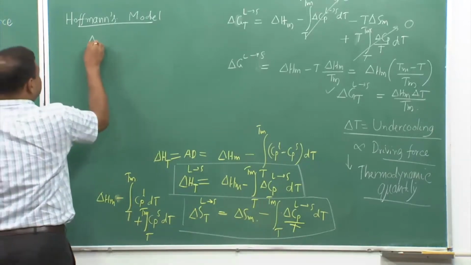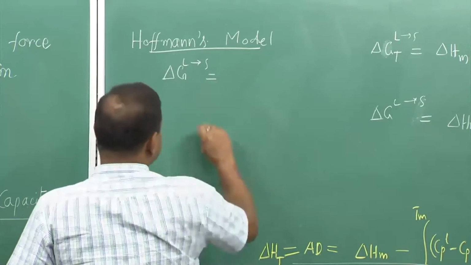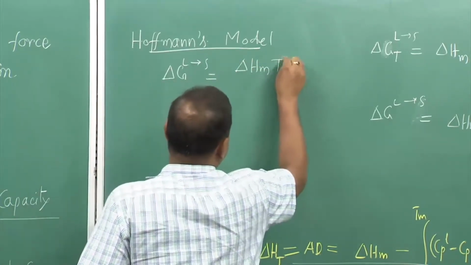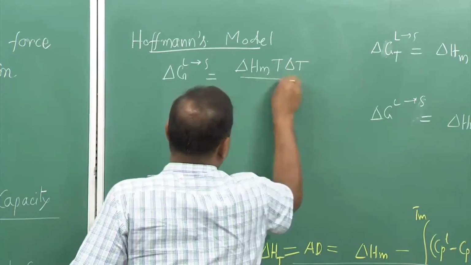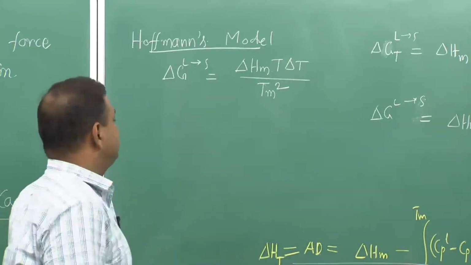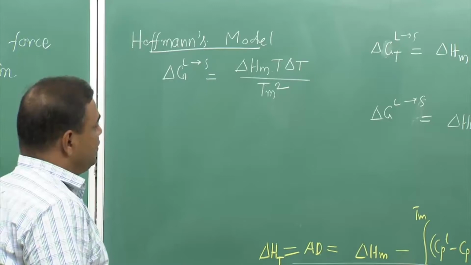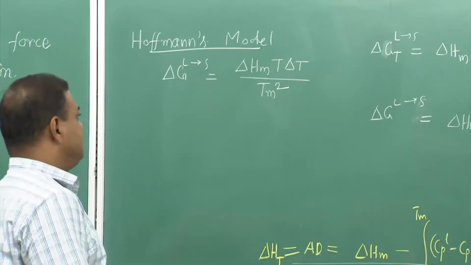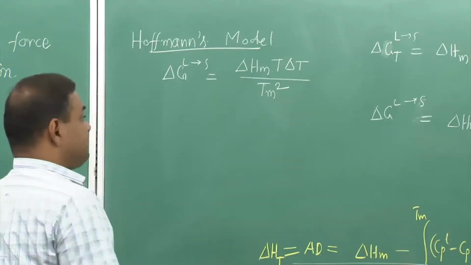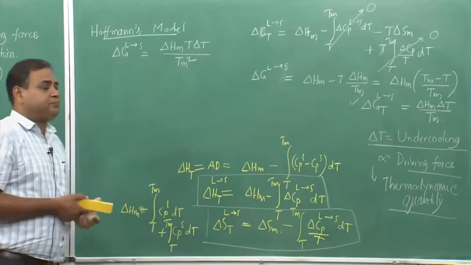If I see the expression, del G liquid to solid equals del Hm T del T over Tm square. This is one of those famous expressions which takes a more refined treatment, and there they have not considered del Cp to be 0.